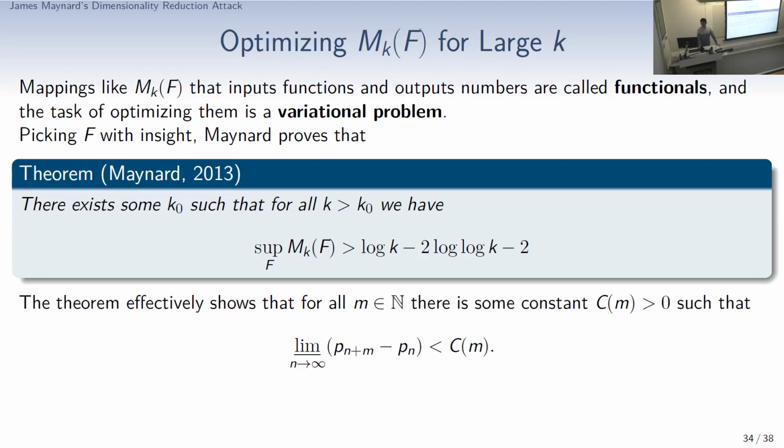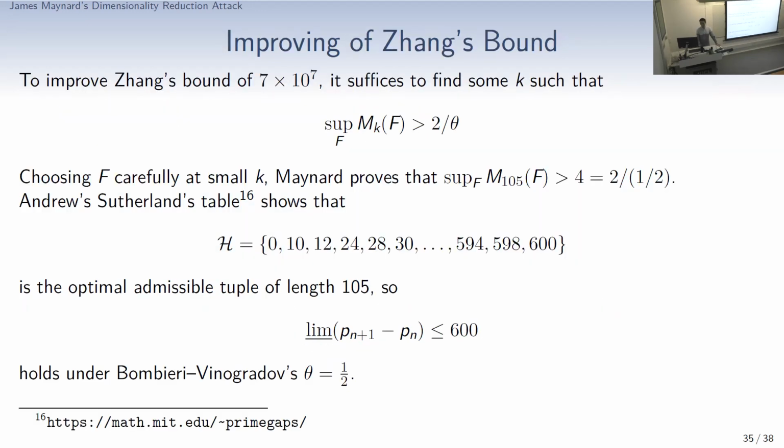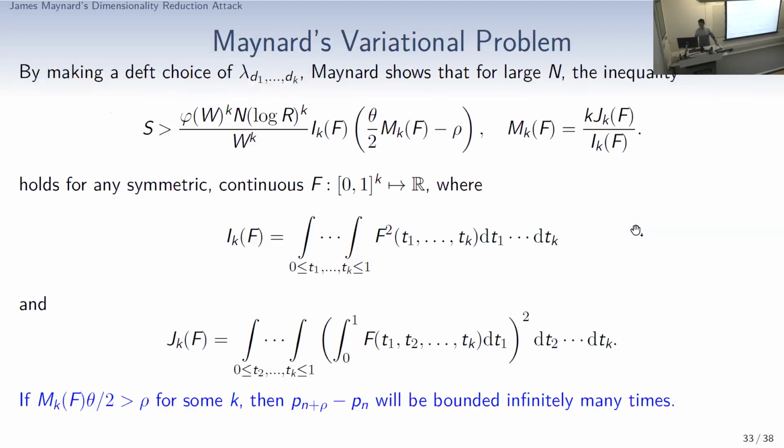So we have proven the generalization, and now we can see how we can improve that 70 million, that 4,000, down to 600. The way is that we are supposed to find theta over 2 multiplied by this M term greater than rho.